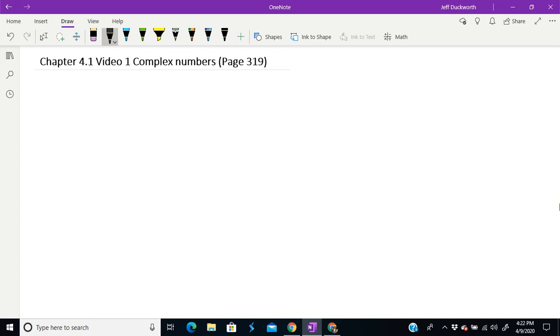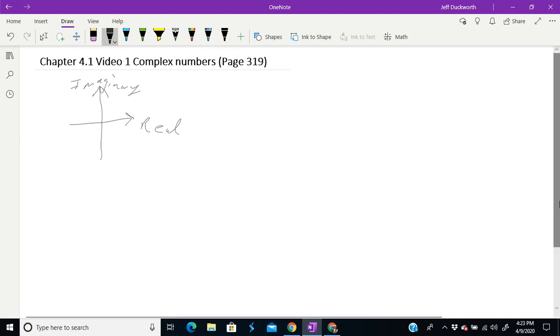Typically what we'll have here, we'll have the real plane, where we would normally write the x-axis, and the imaginary plane using the y-axis. We'll get more into that later on, but our imaginary number, we're going to use the letter i for the imaginary number. That's going to equal the square root of -1.